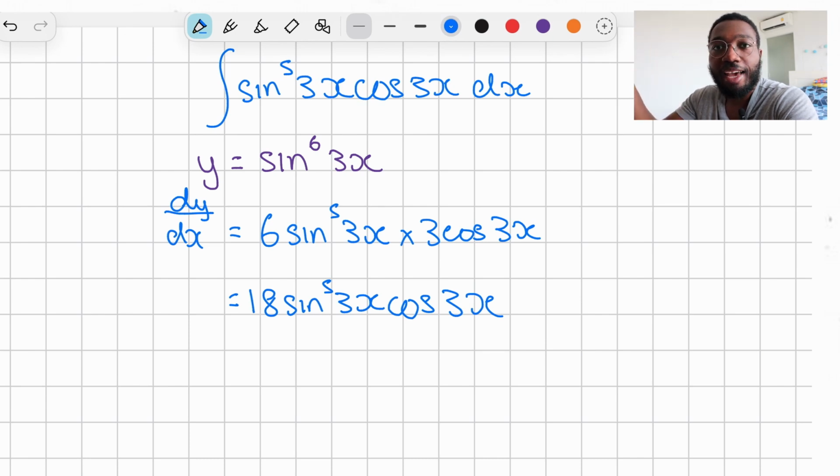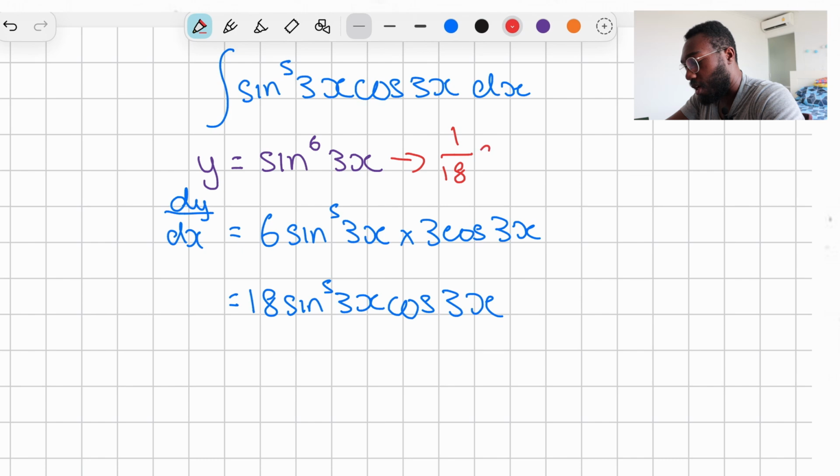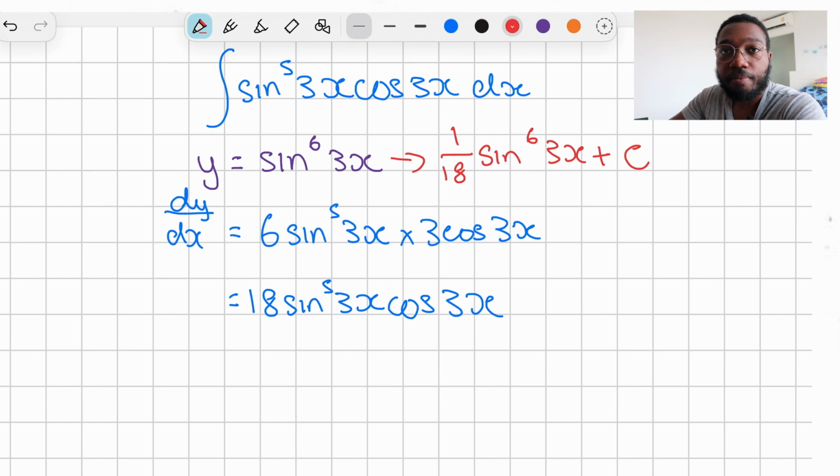So how can we get rid of that 18? Well, we want that 18 to go to 1, so we just need to divide by 18, or in better terms, times by 1 over 18. So our answer would be 1 over 18 sine to the 6 of 3x, and again plus your c.